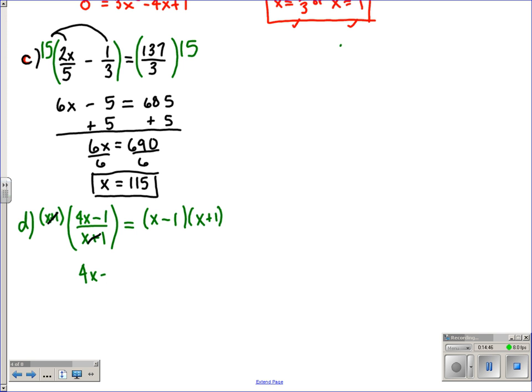4x minus 1 over here equals, and let's go ahead and multiply these two binomials together. We've got x minus 1 times x plus 1, which if you do your generic rectangle or you FOIL, you should see that it gives you x squared minus 1. Now, because we have more than one x, we're going to have to set it equal to 0.